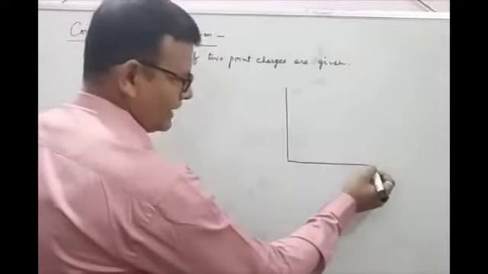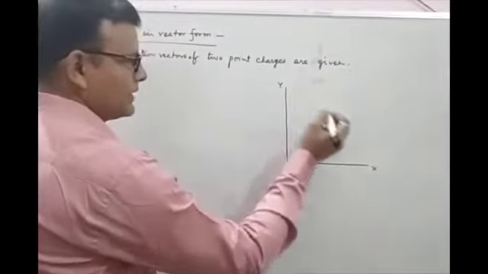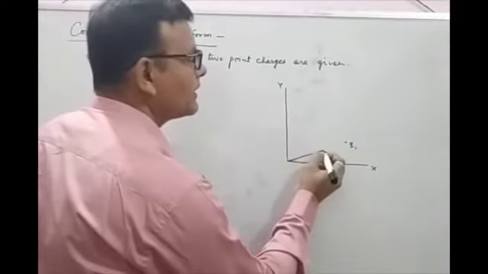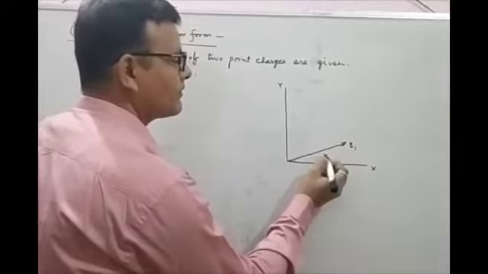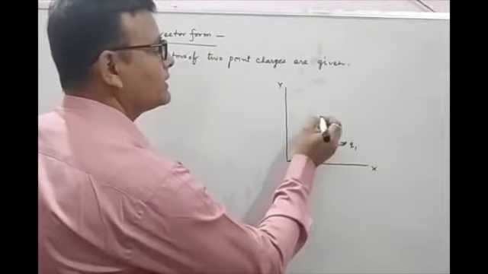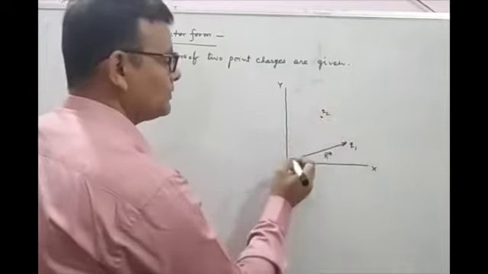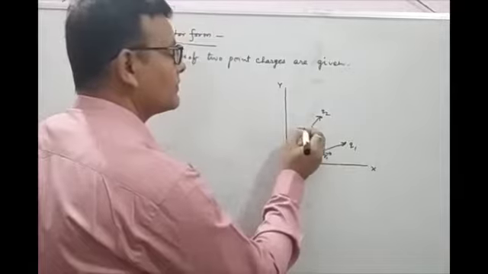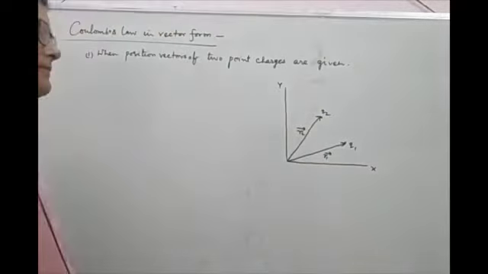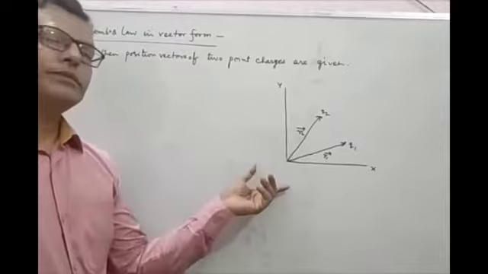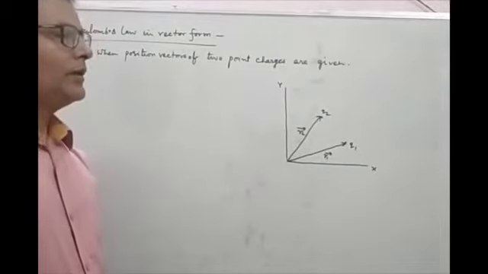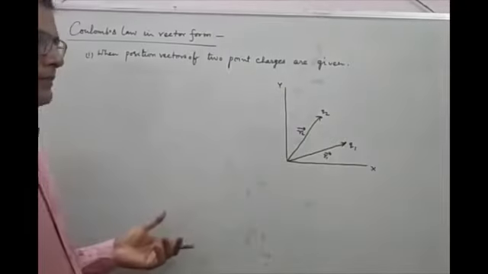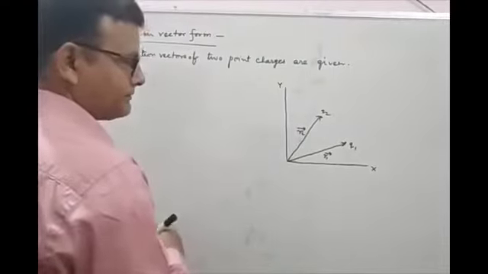Suppose this is x-axis, y-axis, a charge q1 whose position vector is r1 and another charge particle q2 whose position vector is r2, and we have to find Coulomb's law in vector form, that is force with direction.